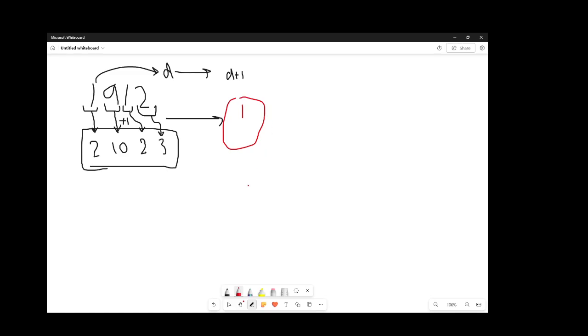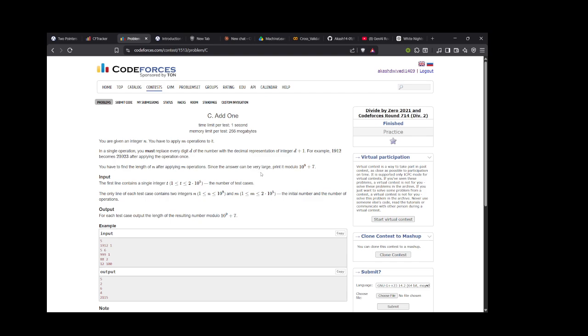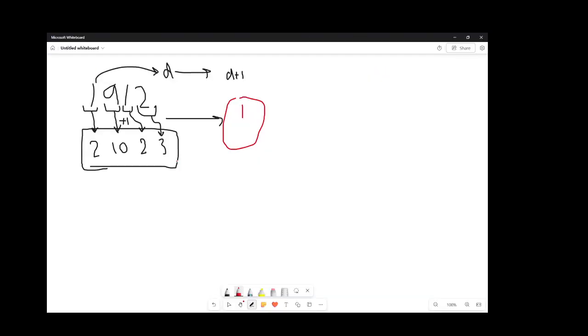So how many operations do we need? We need to apply m operations. And what do we need to print? This is the trickiest point of the problem: you need to always print the length of the number, not the number.